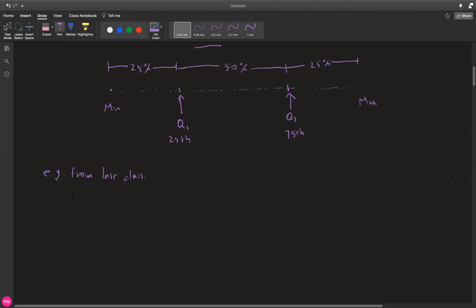I'm going to skip all the small details, but we found that the minimum was 21 years old, the first quartile was 23, the median was 26, the third quartile was 28, and lastly, the maximum was 31.